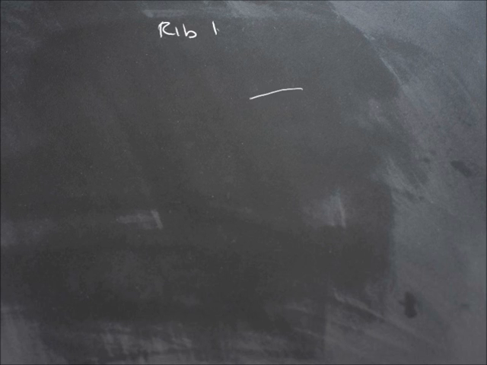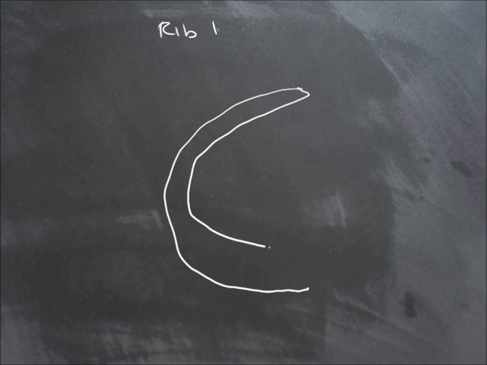It's easier to view it this way. Okay, so remember this is posterior here, so vertebrae are attaching here, and this is anterior. Okay, this one only has a single facet.